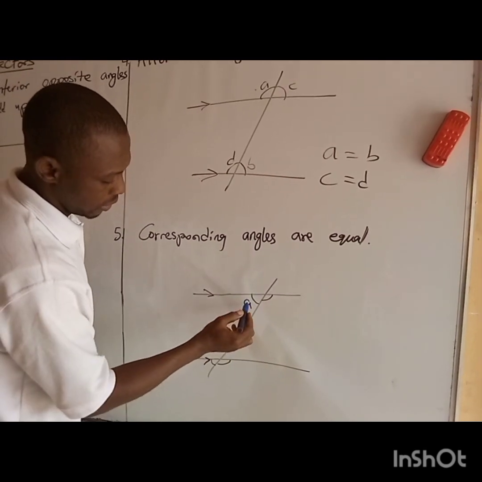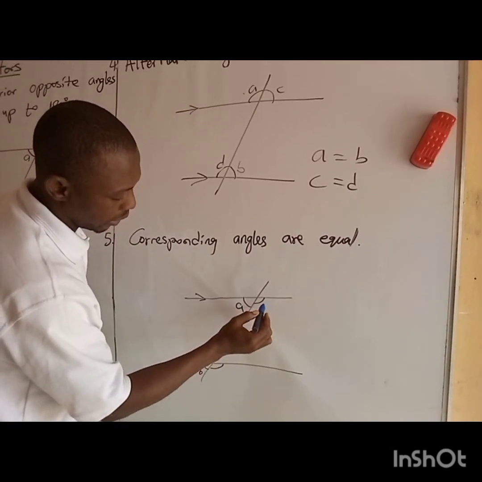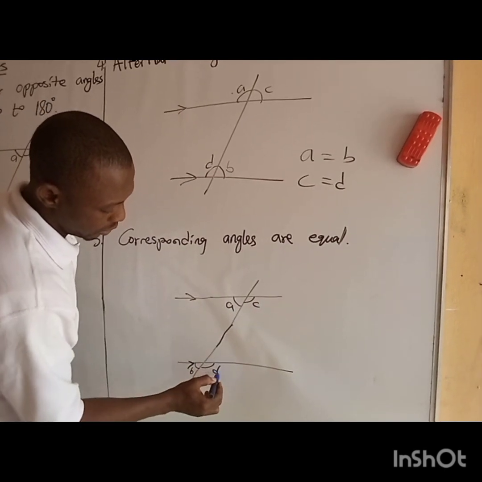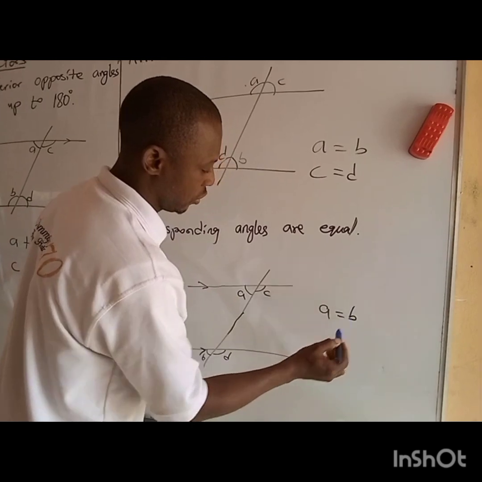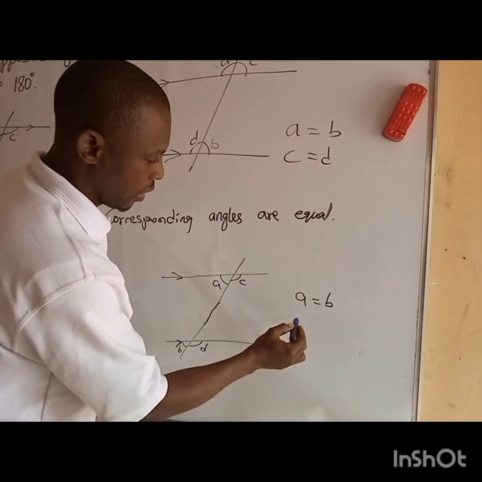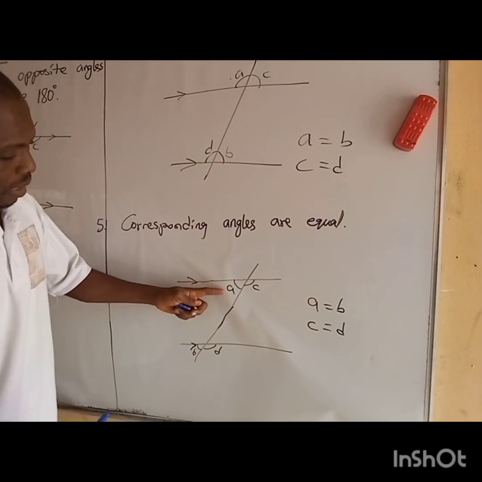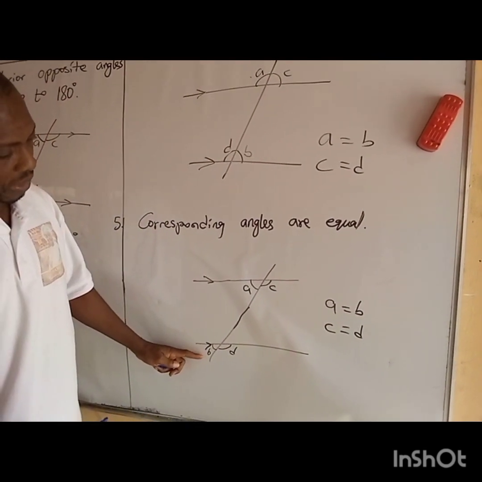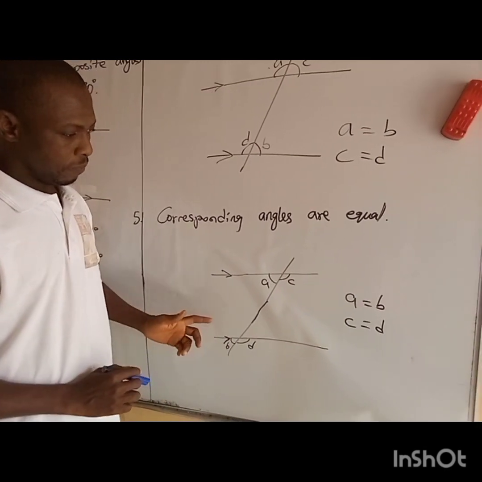So this and this are corresponding angles, and this angle is corresponding to this. So our A here is equal to B, and then our C is also equal to D. A corresponds to B, C also corresponds to D.